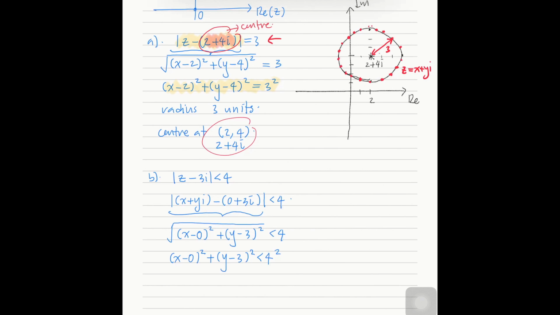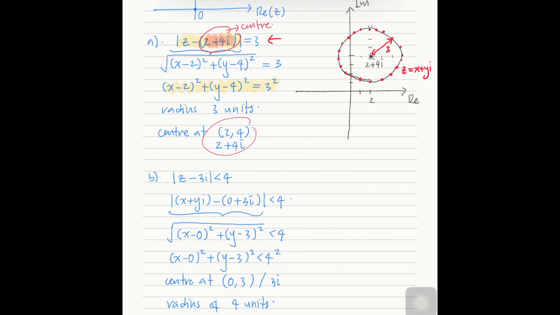Now we can imagine that we will have a circle that has center at (0, 3), or we can write in complex number as 3i, and the circle has a radius of 4 units from the center.